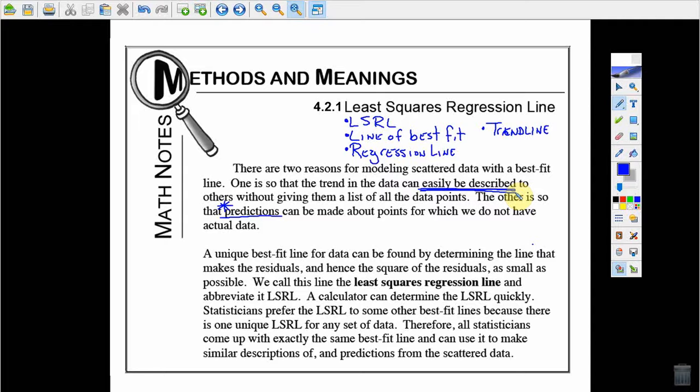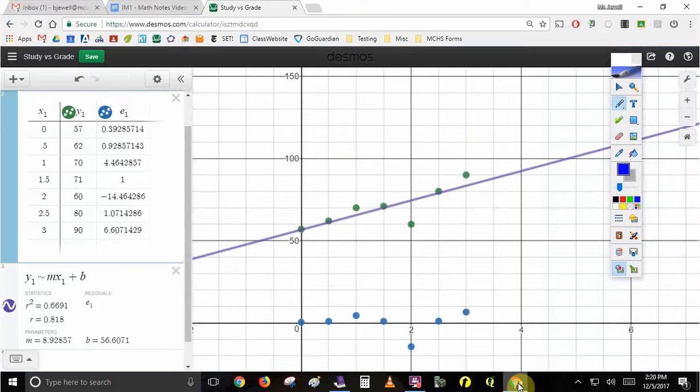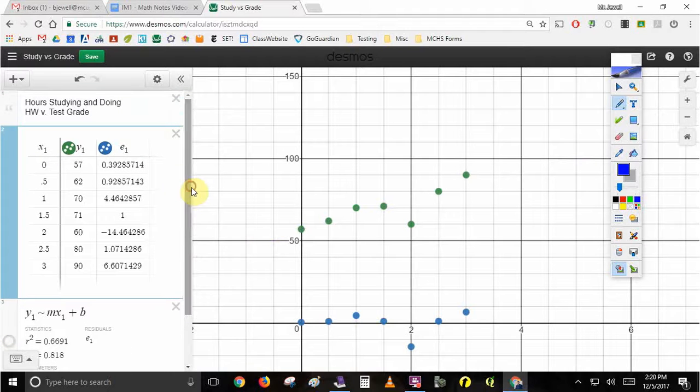So let's take a look at an example of some scattered data. I put some stuff over in Desmos for us to look at. Here I've created a plot of hours studying and doing homework versus the test grade.